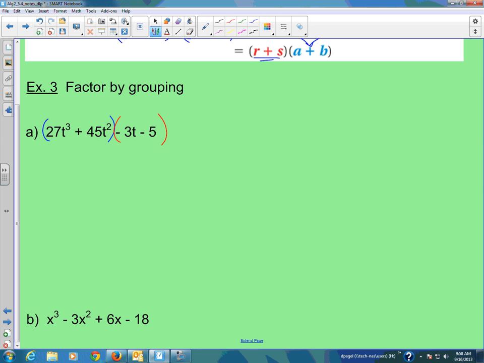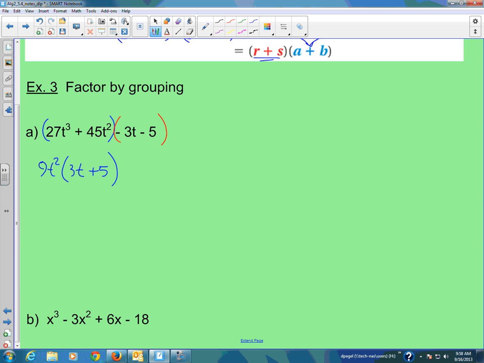Again, I'm not making this multiplication; I'm just showing you how I'm going to pair it. In the first blue group, I noticed that 27 and 45 are both divisible by 9. And for t squared and t to the third, the smallest power they have in common is t squared, so 9t squared comes out first from the blue group. I'm going to have a 3t plus 5 left over.